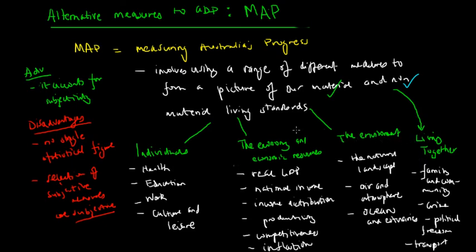There should be a lot more categories that haven't actually been included, and therefore this allows bias to enter discussions, and this idea of subjectivity also compromises the reliability of MAP as a measure. And finally, we have inadequate data.